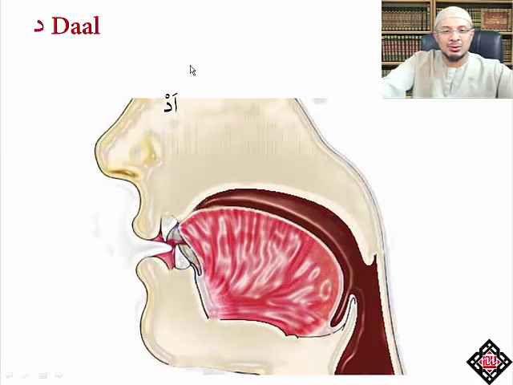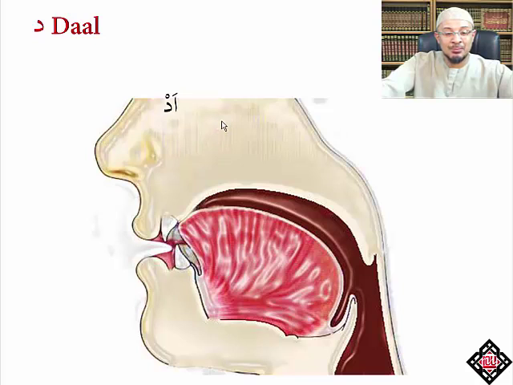If you want to test yourself in terms of the makhraj of any Arabic letter, all you have to do is put a sukoon on it and have it preceded by an alif with fatha. Then you will be able to pinpoint the makhraj of that specific letter you are articulating. And even if it's wrong, you will know where you are going wrong.